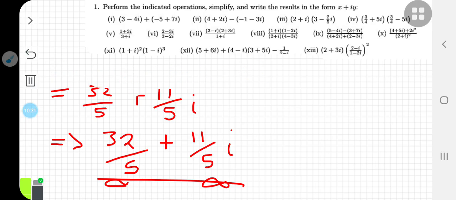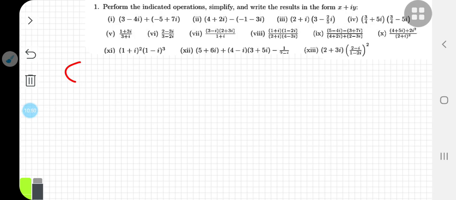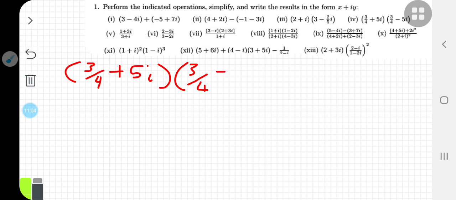We move on. So just the same application with the fourth one, which is 3 over 4 plus 5i, then 3 over 4 minus 5i.